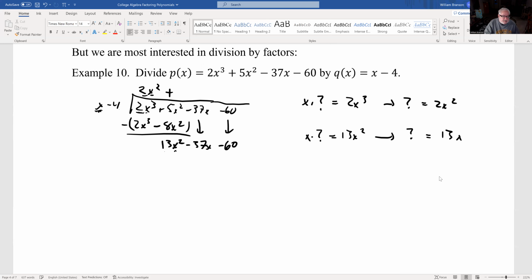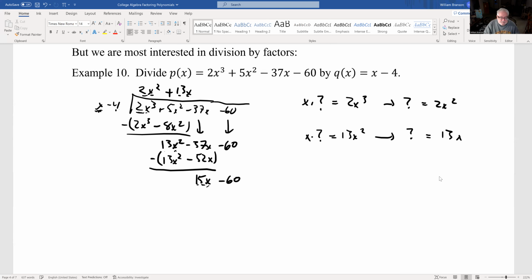So put the 13x up here, multiply the 13x by both of these terms, that gives me a 13x squared, minus, now 13 times 4 is 52, 52x, and we subtract. 13x squared minus 13x squared is 0, minus 37 minus minus 52 is minus 37 plus 52, which is 15x, and then we have a minus 60.